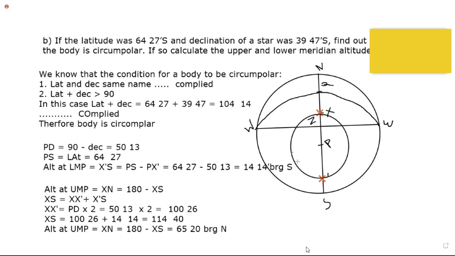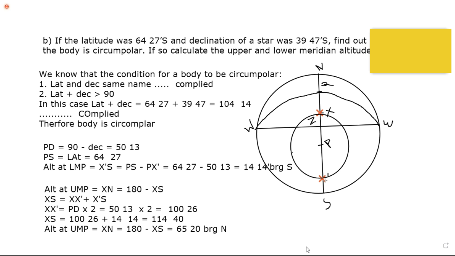How is this north for UMP? Because it is north of Z, that means altitude is bearing north. In meridian passage we do the same: when it is bearing north, the zenith distance will be on the opposite side, but altitude is bearing north of the observer.